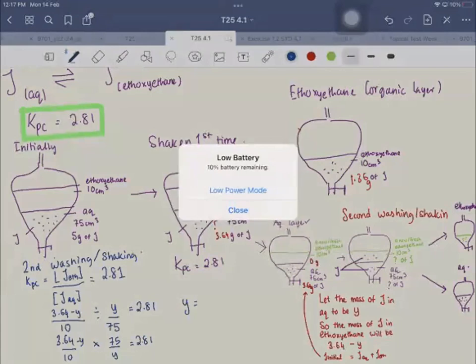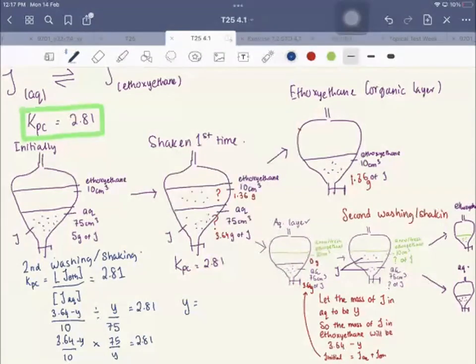Okay, hold on. My laptop is low battery. My iPad is also low battery.